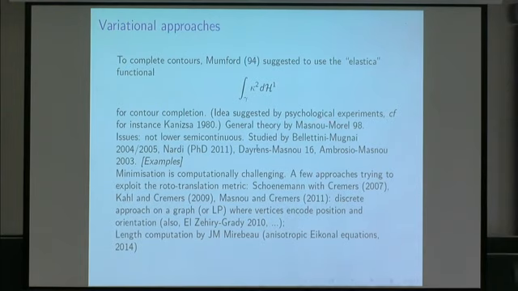You have to study some kind of relaxation, and there have been a lot of studies about the relaxation of this functional. For instance, you see that very obviously, if you have a shape like this, you don't expect this shape to have finite energy, because it has a cut here, where you have a curvature which would be essentially 2 pi delta. So a Dirac mass, and if you consider this kind of energy, it's infinite.